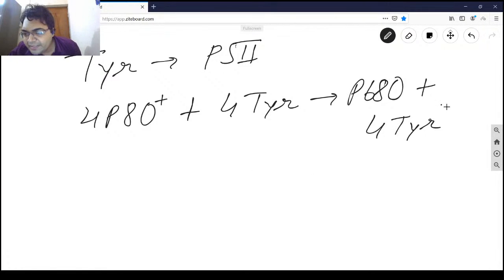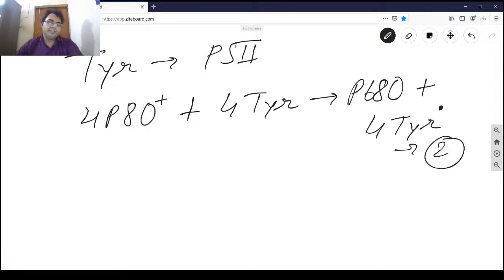Each of the 4 tyrosines will become a free radical. So this is reaction number 2, because reaction 1 is the H2O breakage, photolysis.